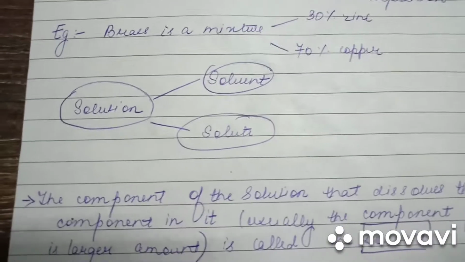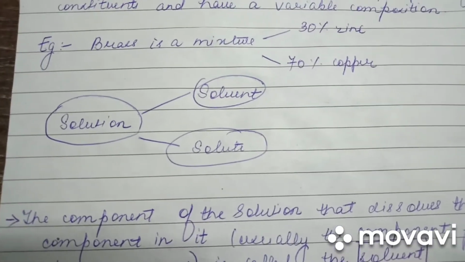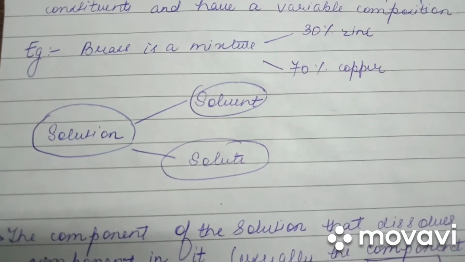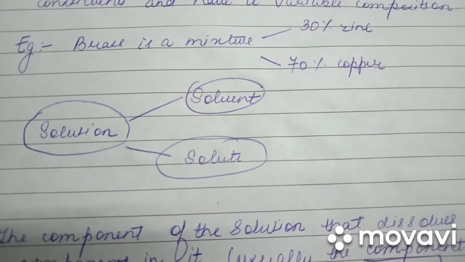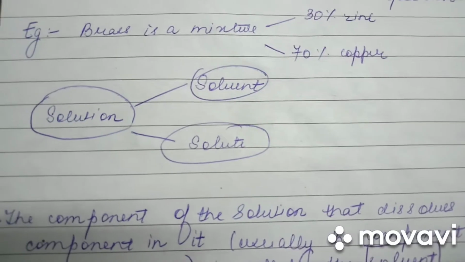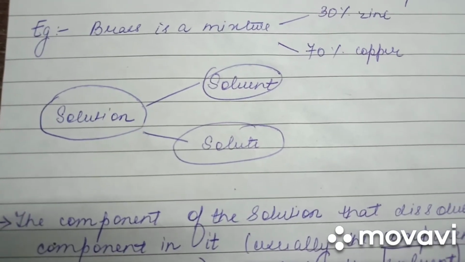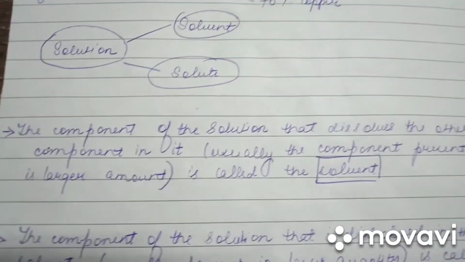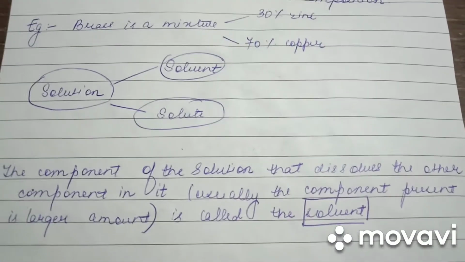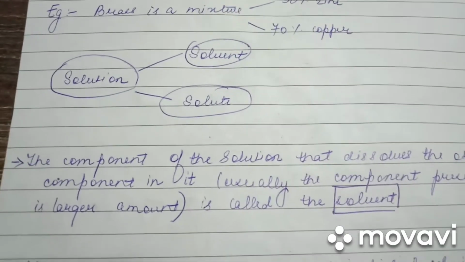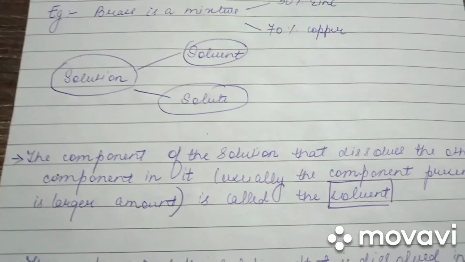Moving forward, we know that solution can be categorized into two parts: solvent and the solute. Solute, which dissolves in the solvent, and solvent, which dissolves the solute. The component of the solution that dissolves the other component, usually the component present in larger amount, is called the solvent.